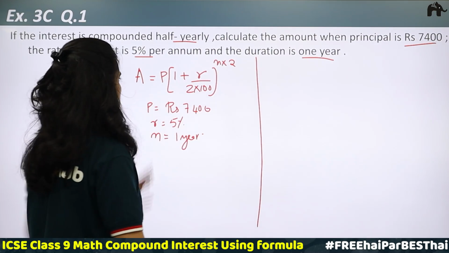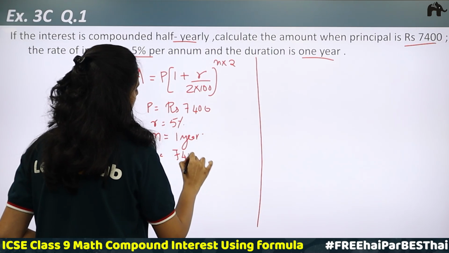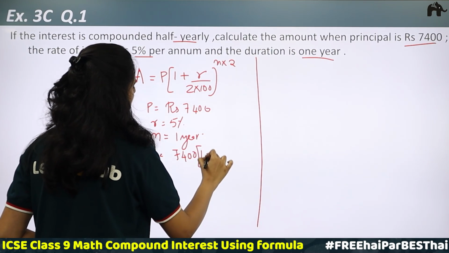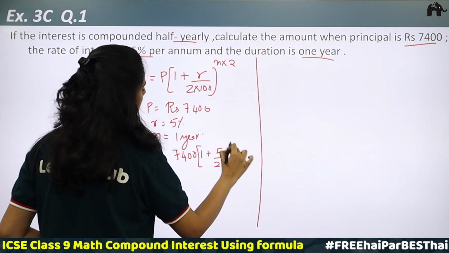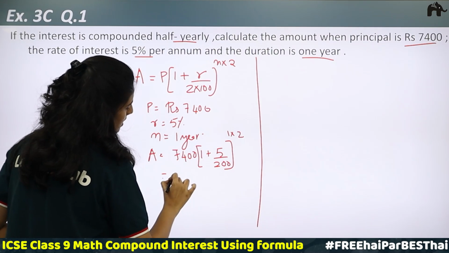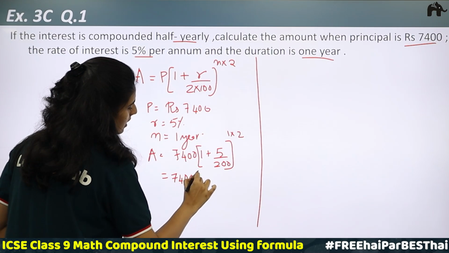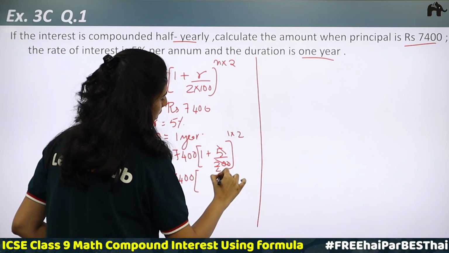Okay, substitute these values. Amount will be equal to 7,400 into 1 plus 5 by 200 whole raised to 1 into 2. That is 7,400 into. Cancelling, we get 40.